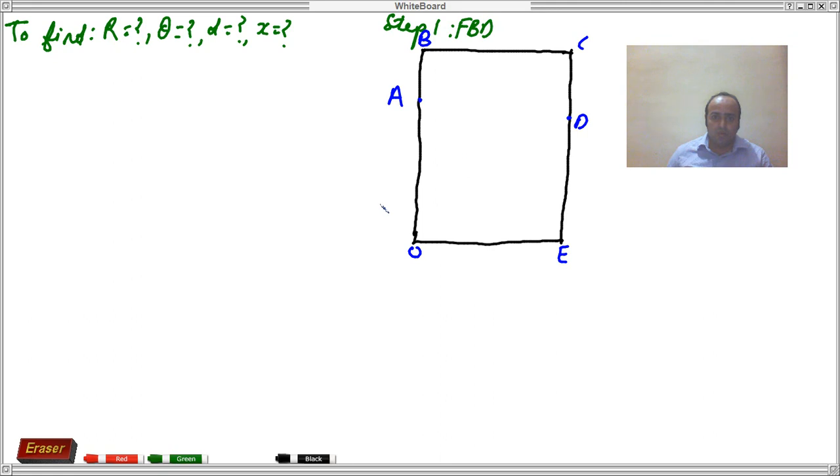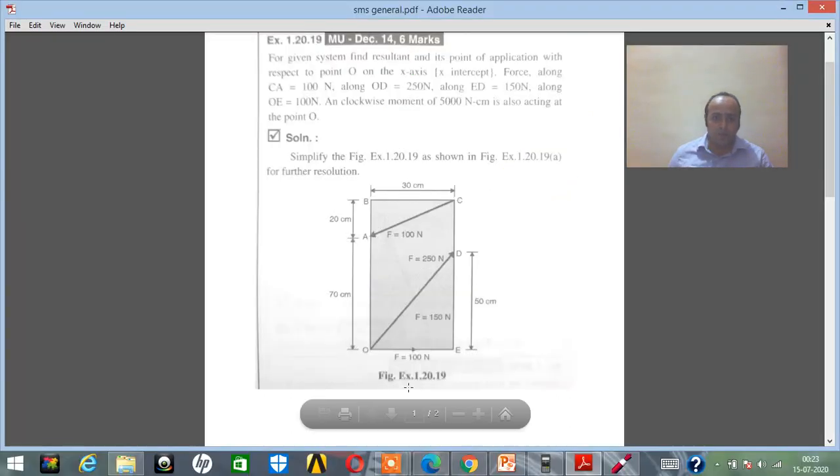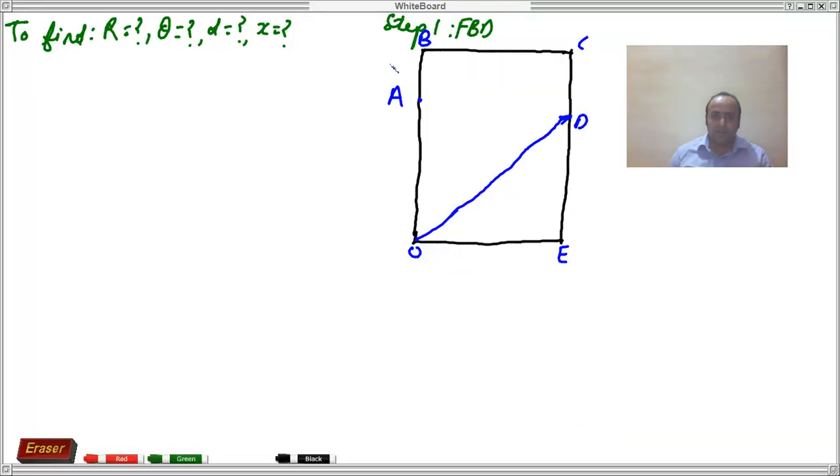Now from O to D there is a force, of course, like this. Even there is a force from C to A. Now one by one we can write down the values which are given to us. Here F is equal to 100 Newton.